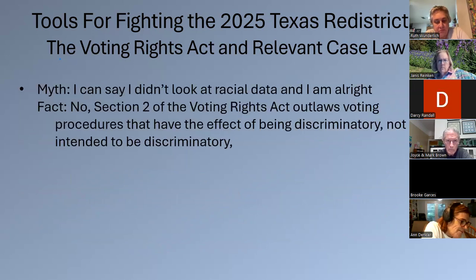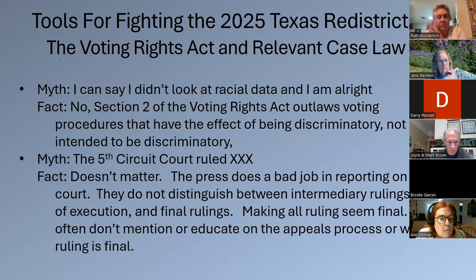The next myth, and I've already talked about it, is that I can say I didn't look at racial data and I'm all right. As I pointed out, Section 2 is about effect, not intention. The next myth is that the Fifth Circuit Court ruled this way. This is always a problem with the way the press reports on the courts.